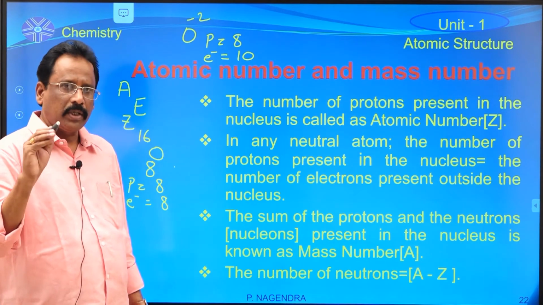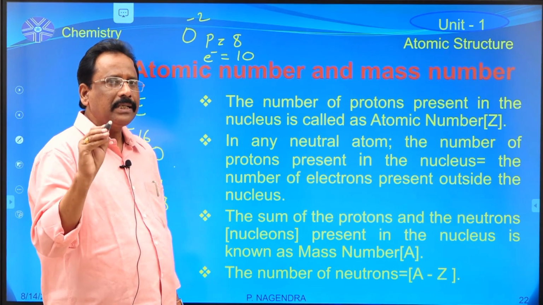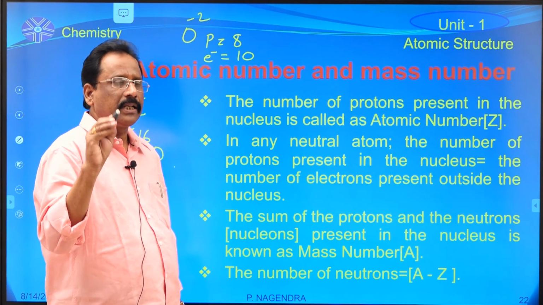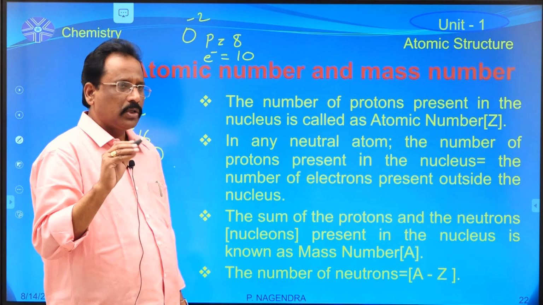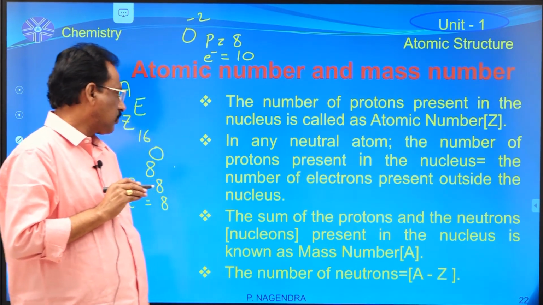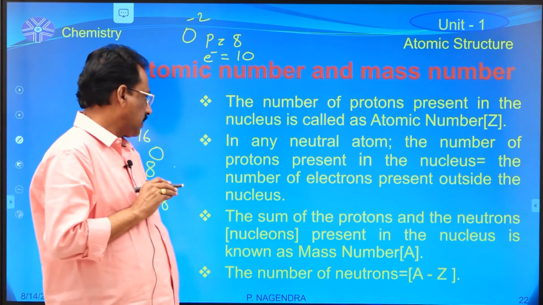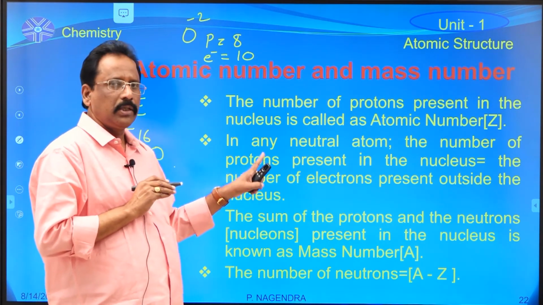According to Rutherford's alpha particle scattering experiment, each and every atom has a nucleus. The nucleus charge is positive. So protons and neutrons are present in the nucleus. That's why mass number is nothing but the sum of the protons and neutrons present in the nucleus.